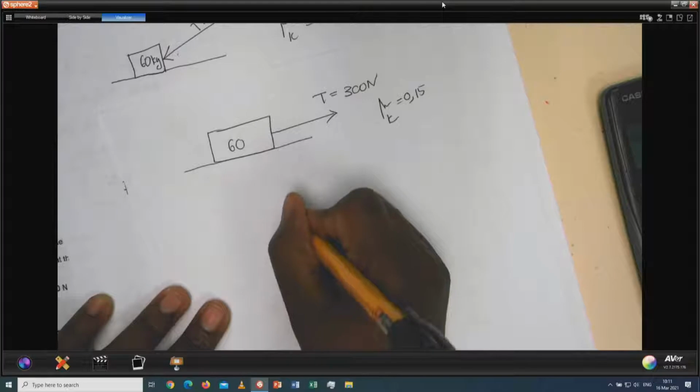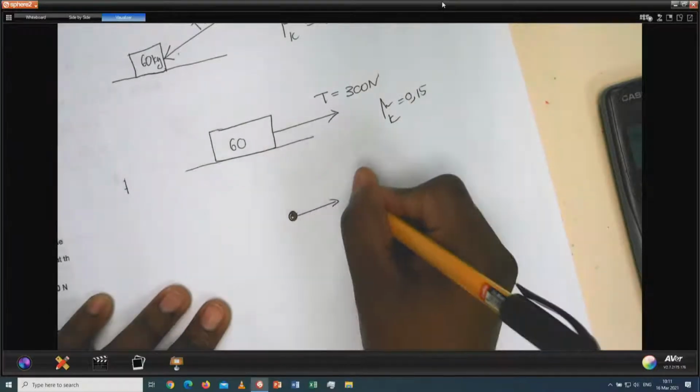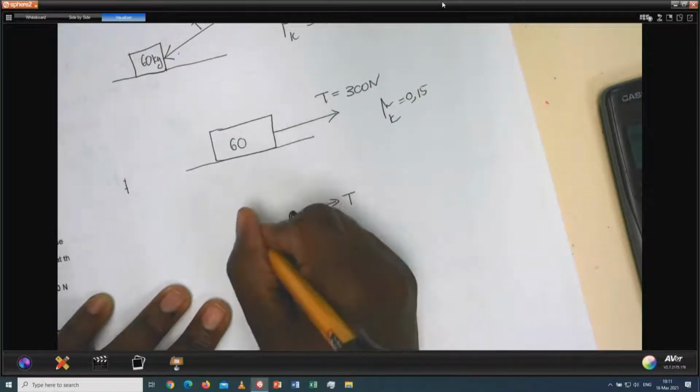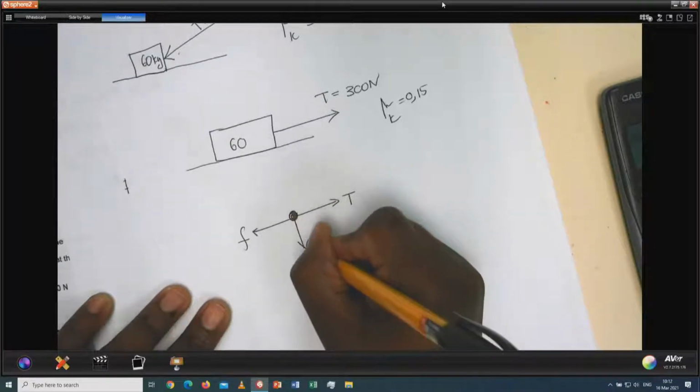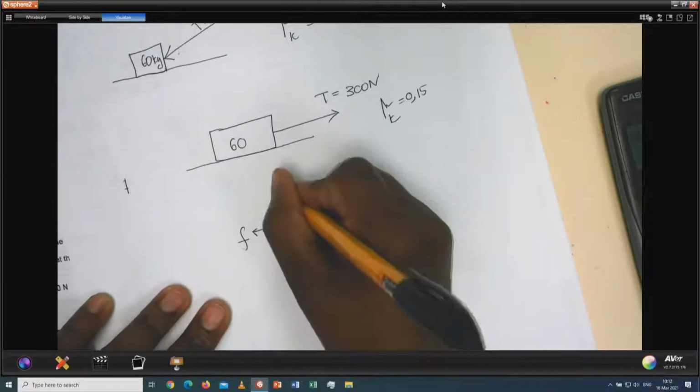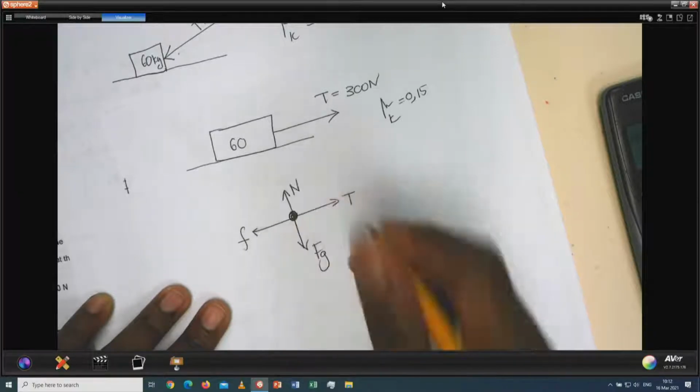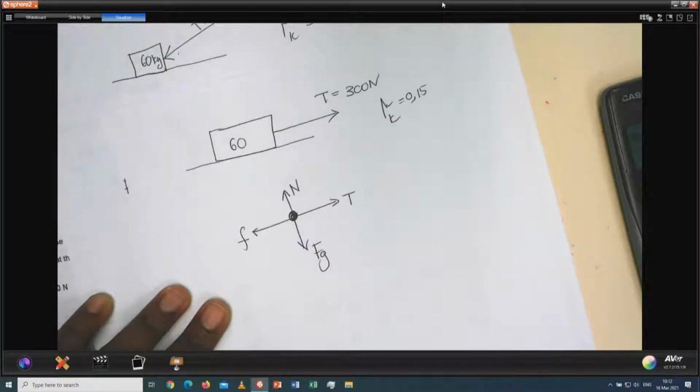Then if we look in our free body diagram, we would have this applied force, we'll have this frictional force, we'll have this gravitational force, and we'll have the normal force.